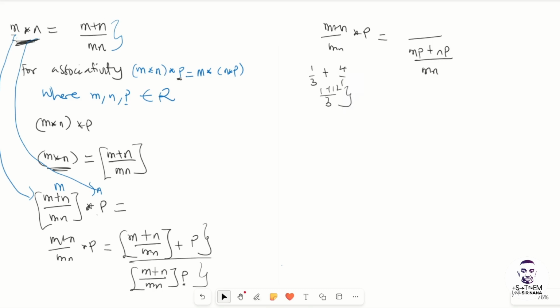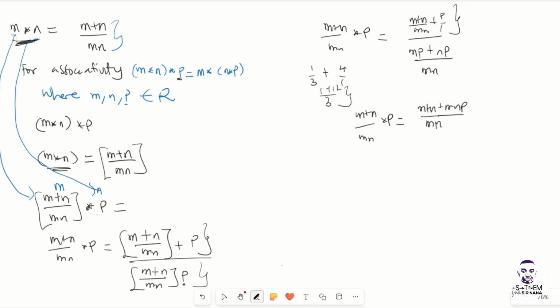So it means that we are going to have our m plus n all over mn plus p all over 1. And that implies that our m plus n all over mn operation p will be equal to, here we have mn as the LCM for the top part, and then mn will go into mn one, so you have m plus n, and then here it is going to be plus mnp, right?